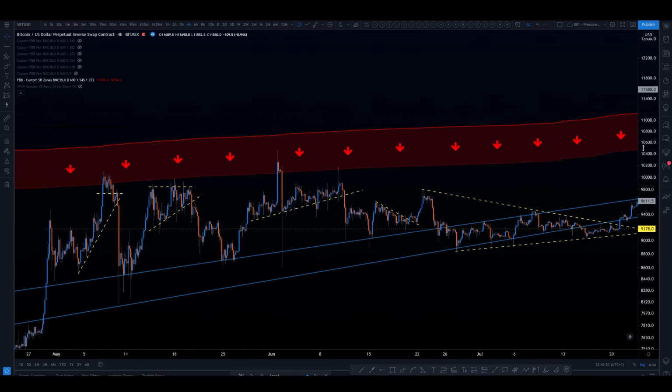We do have a major resistance area up here where price is being rejected over and over again. We do have the 10-year log trend coming up here, so we do have major support in this region. But as you can see, we do have a pressure zone because support and resistance are converging.